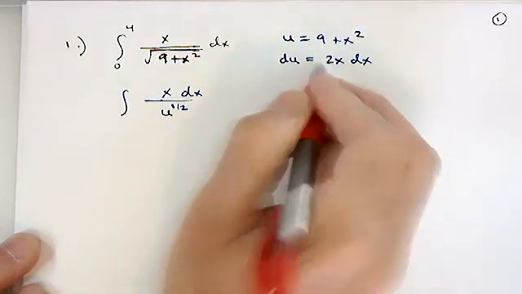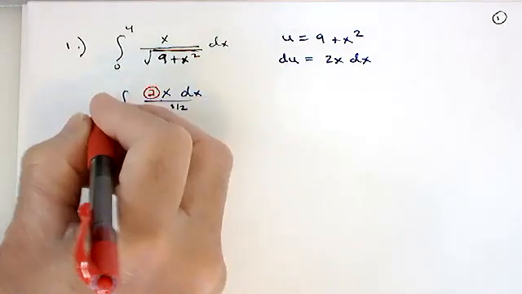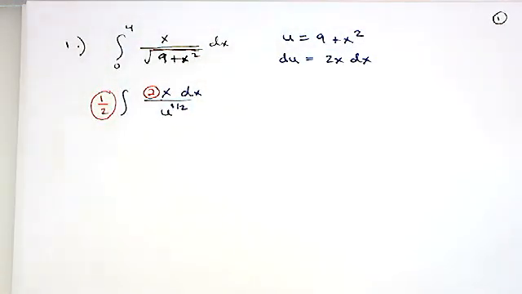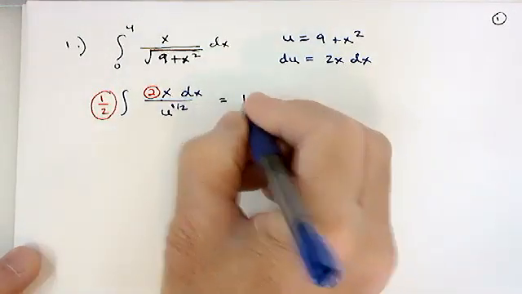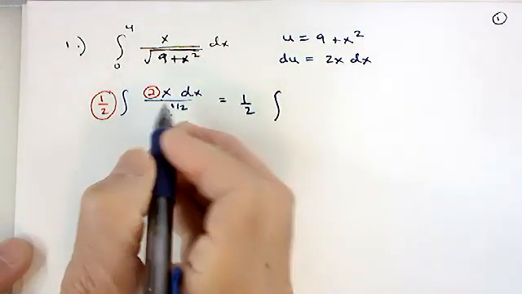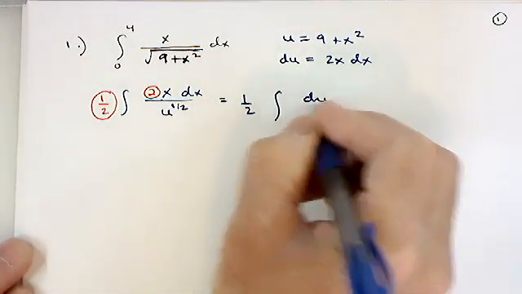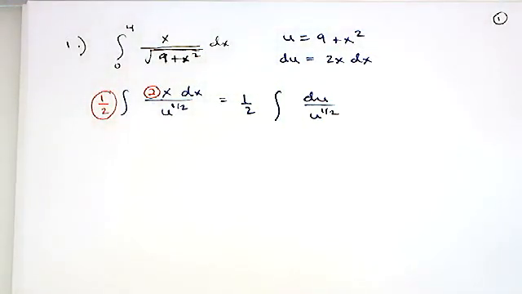So I'm going to wish for a 2, and then compensate with a 1/2 outside. That was what we did last time on Monday. So the 1/2 will stay there. The 2x dx is now a perfect match. I can trade that in for a du, and I have u to the 1/2. Okay.